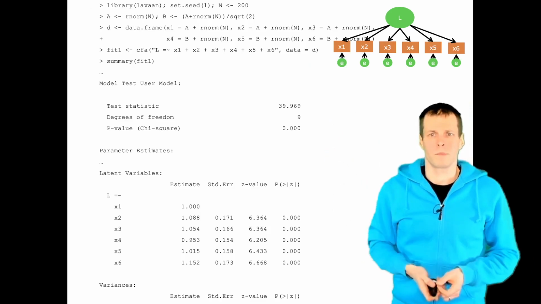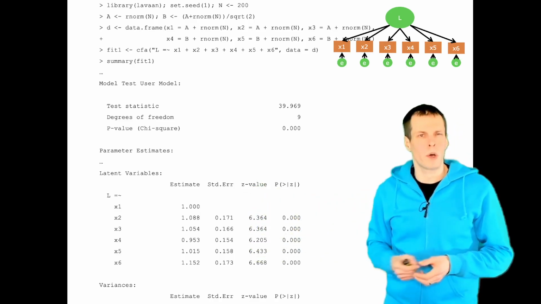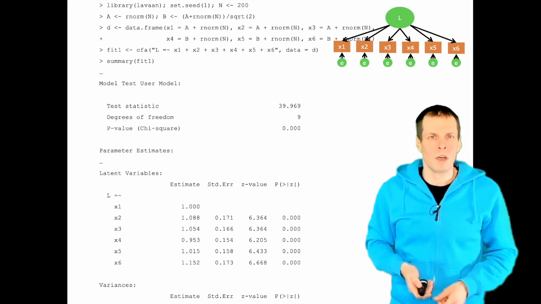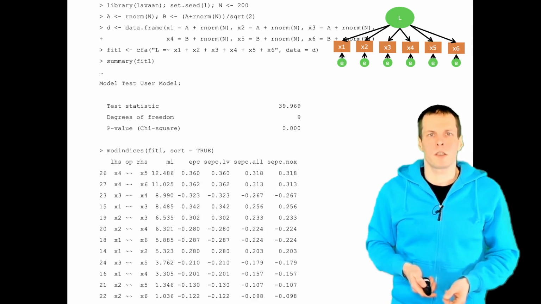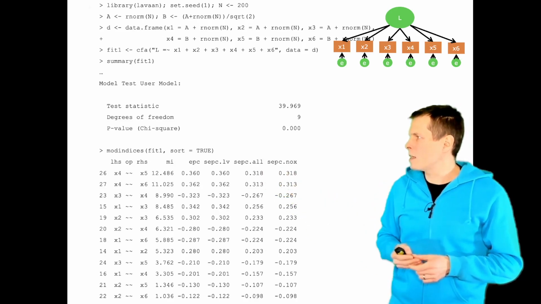So now what? We can see that all the indicators load approximately equally well on the factor, so that's not an indication of a problem. But when we take a look at the modification indices, we see that we could actually improve the model fit quite a lot.